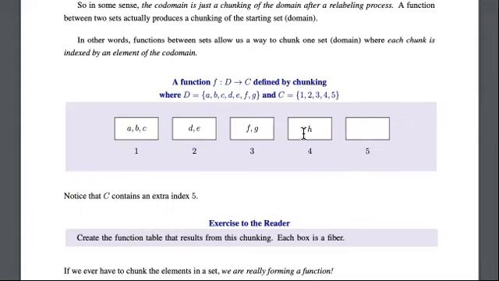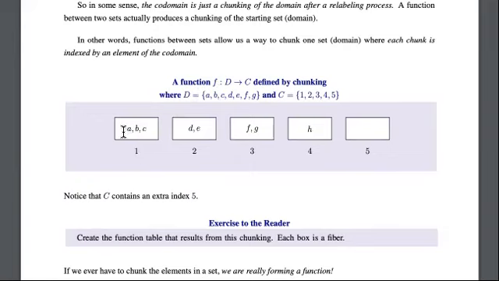4 has a preimage of H. So basically, don't worry, this diagram actually is a definition of the function. That means you take the element A in the domain, and where does it go? It goes to 1, because it's a fiber diagram. So 1 is in the codomain, and this is the preimage of 1. If you want to know where it goes, you find the box where A is, and it goes to there.